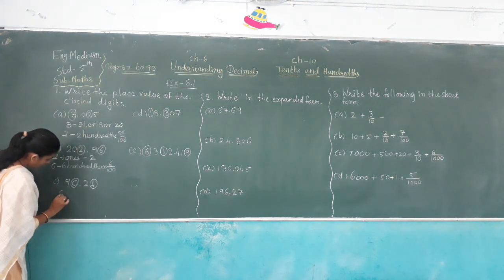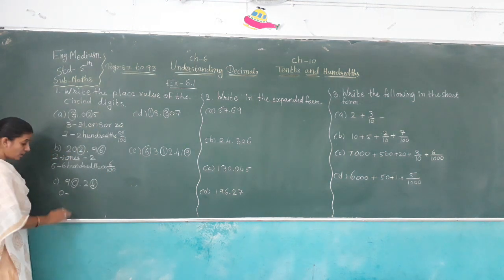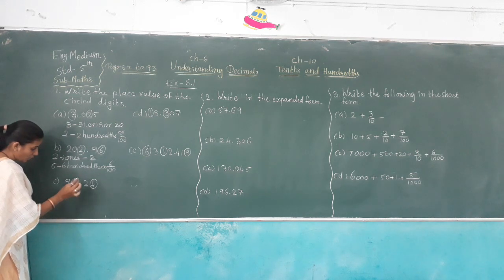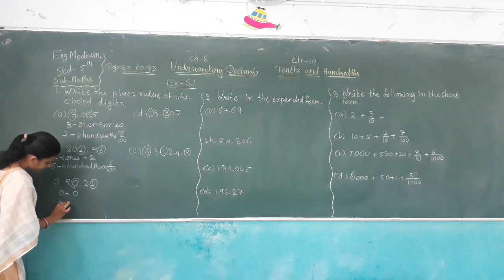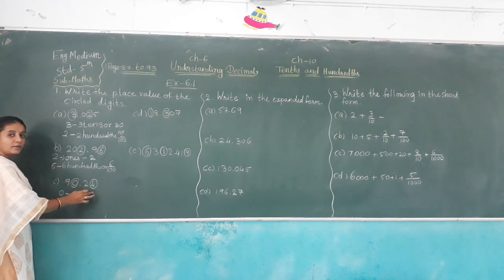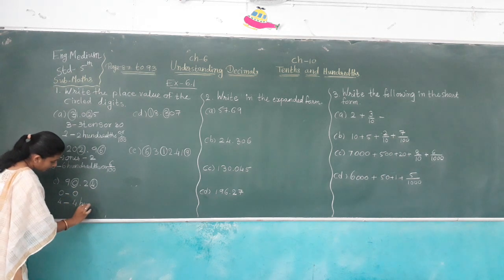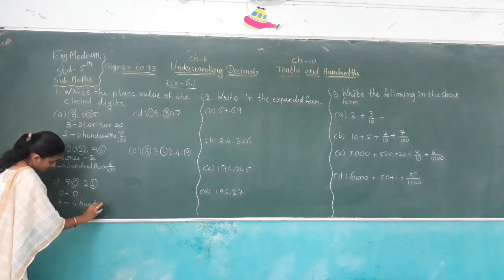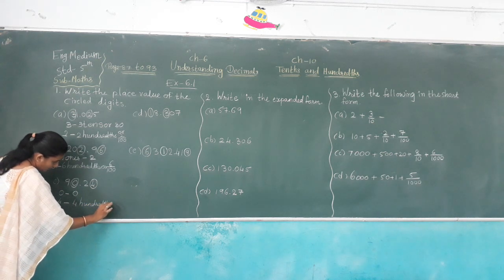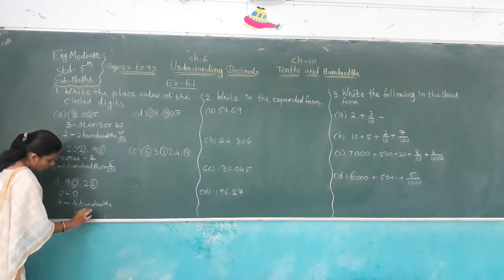Here 0 stands on the ones place, it's 0, and 4 stands on the hundredths place, so 4 hundredths, or 4 out of 100.